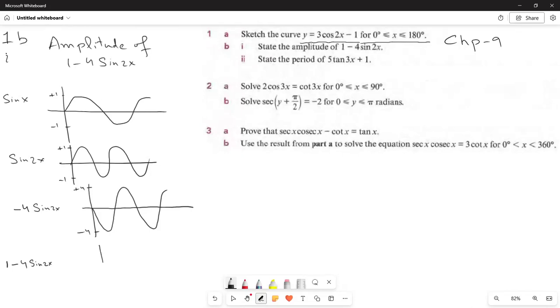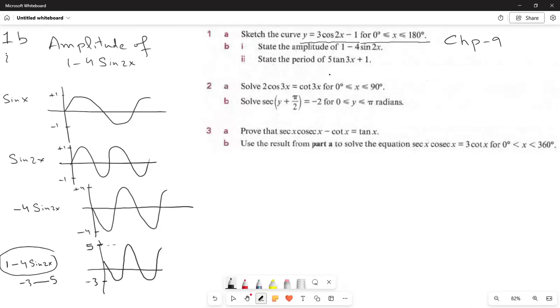So by adding 1, the same graph will shift upward. So it will start from here and go something like this. So this time it is 5 and this point is minus 3. So my graph of this expression is between minus 3 and 5.